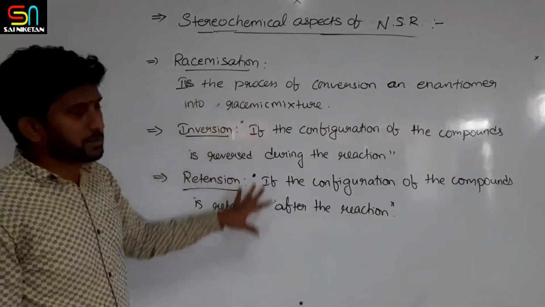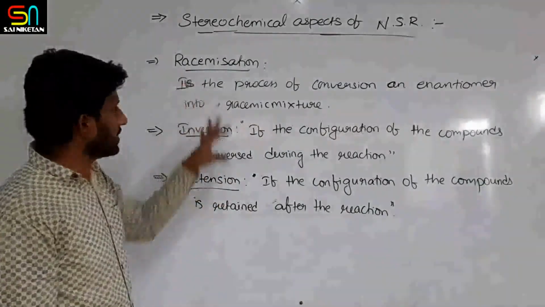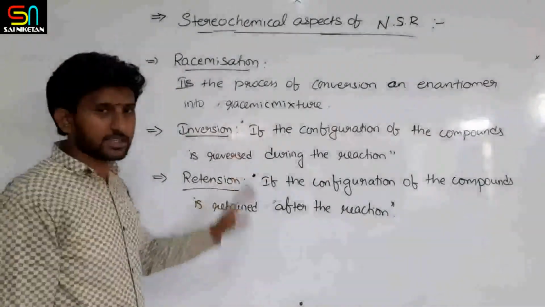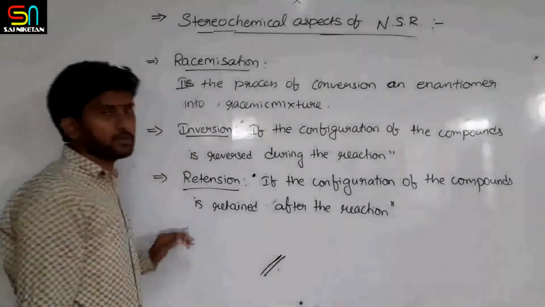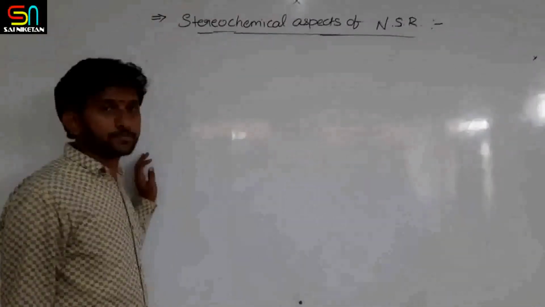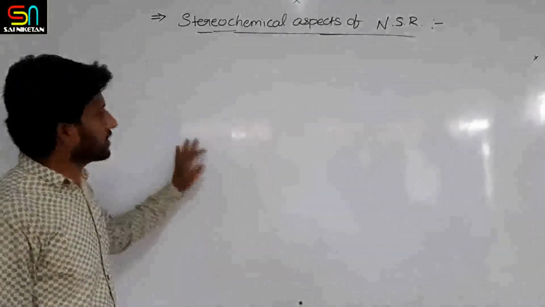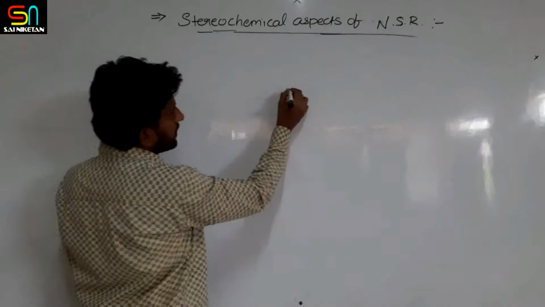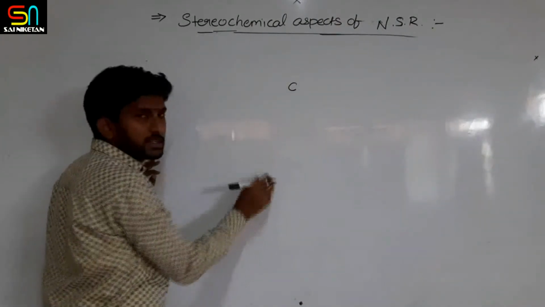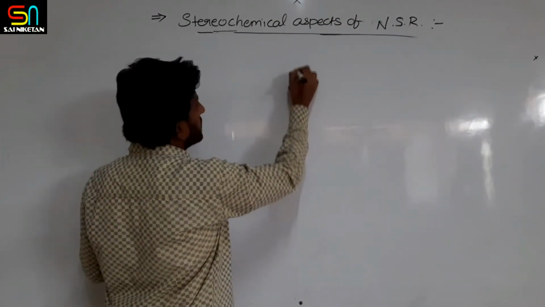Now we will try to explain these three concepts with an example. We will take one example and try to understand the concept. For example, there is a compound like this.